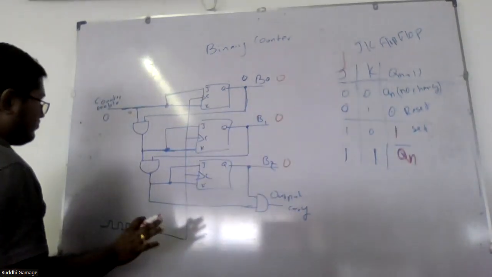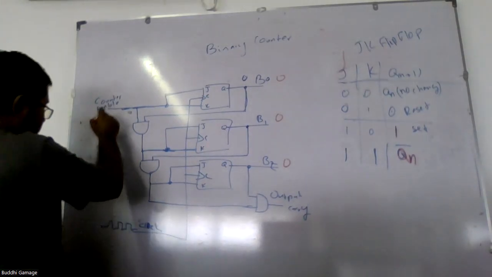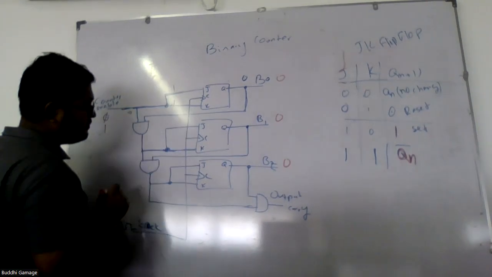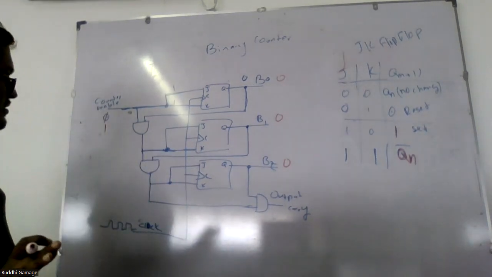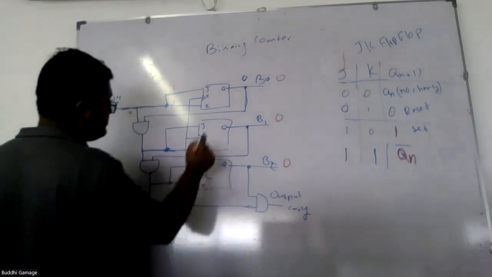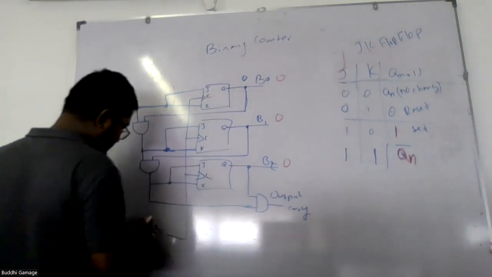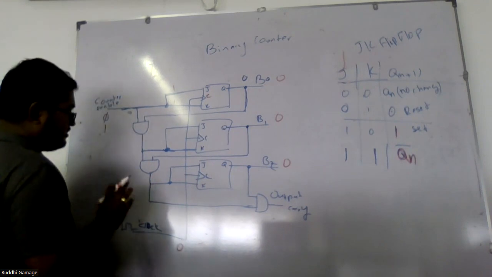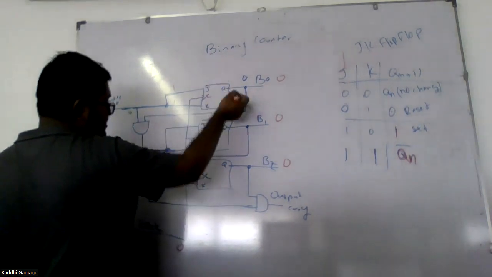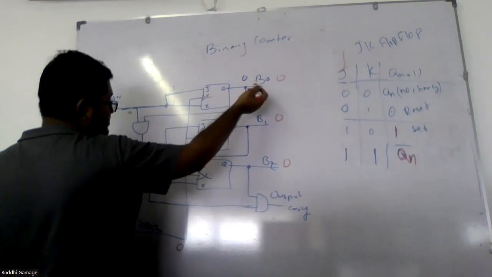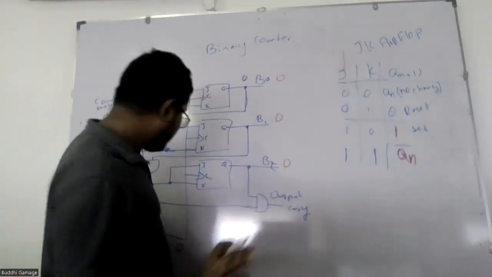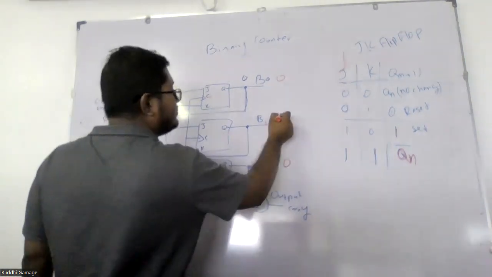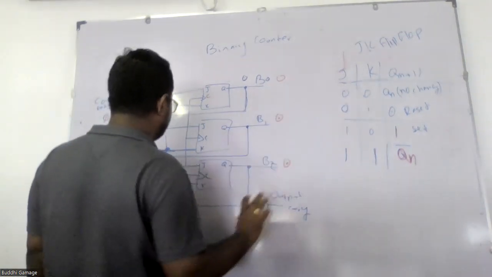Now I enable this. Now the 1 will pass, right? Since the clock signal is in the 0 state initially, even though the 1 passes, there will be no change. Initially, the very first time, there will be no change.